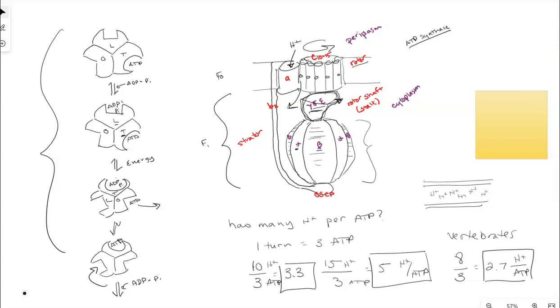So if you have a lower electrochemical gradient, you need to have more protons per ATP so that you don't need as much electrochemical motive force to rotate that rotor.